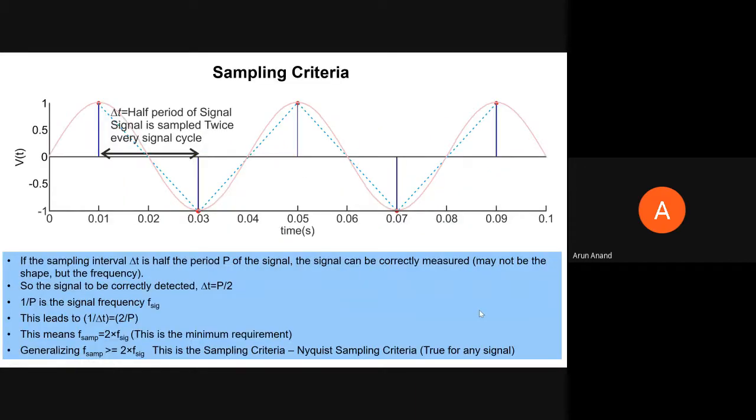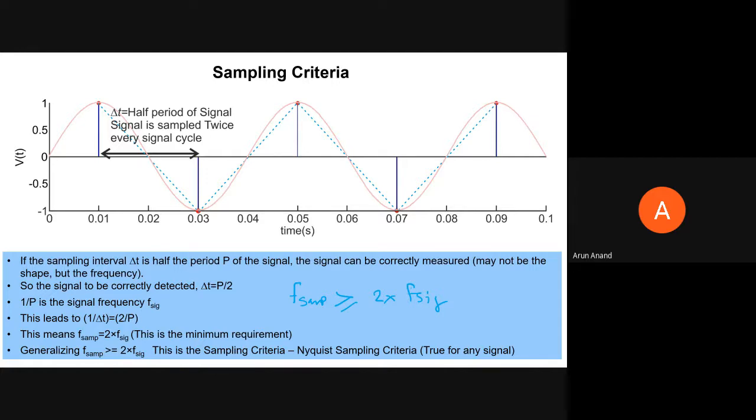Clear? So I have tried to show it here, right? In fact, the condition is that if your sampling frequency is greater than or equal to twice the signal frequency, then you are correctly sampling the signal, at least frequency wise.